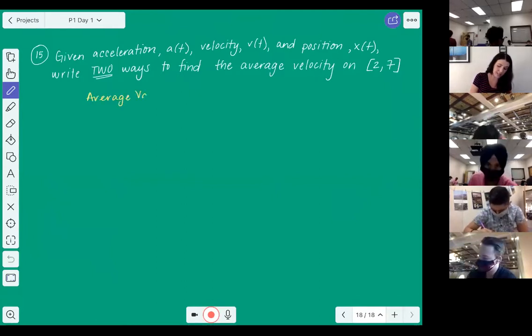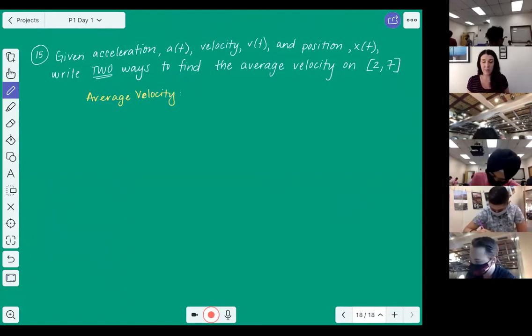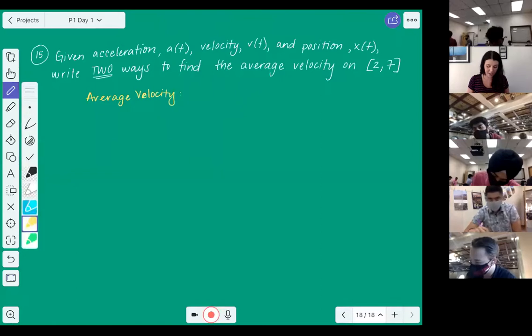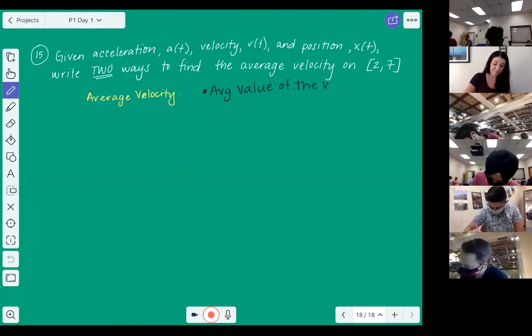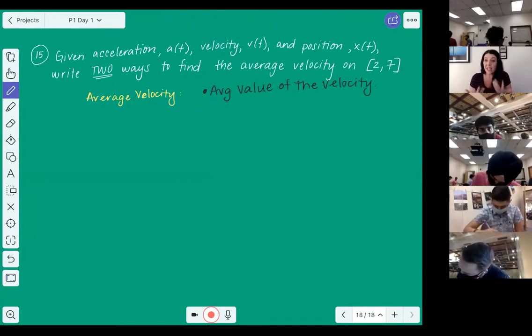can be represented by 2 ideas. It can either be the average value of the velocity, that's equal to an average velocity. An average value of velocity is an average velocity, okay?